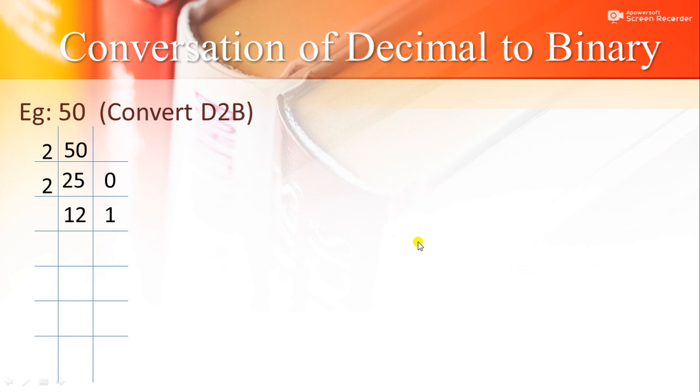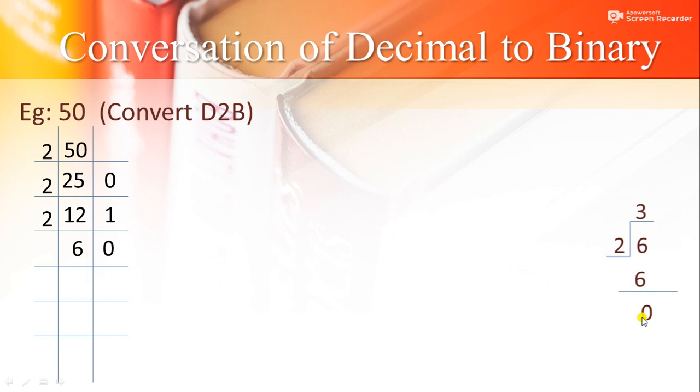Again we will divide 12 by 2. So over here 12 is divided by 2, so answer is 6 and remainder is 0. So again we will write 2, answer is 6 and remainder is 0. Then again we will do 6 divided by 2, that is answer is 3 and remainder is 0.